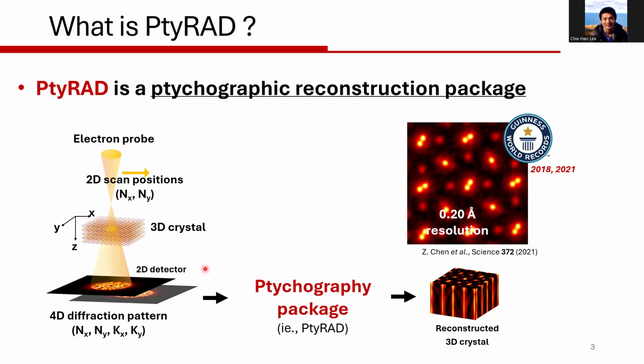For example, PtyRAD will be one example here that with this typography package, you will be able to unroll and reveal the information encoded in the diffraction pattern such that you can reconstruct a high resolution three-dimensional crystal that corresponds to your specimen in your experiment.